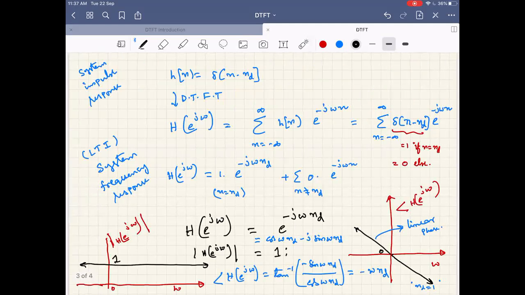Here also, please note that though I have written minus infinity to infinity, we need not write from minus infinity to infinity. If this is plus pi, somewhere you will have minus pi.